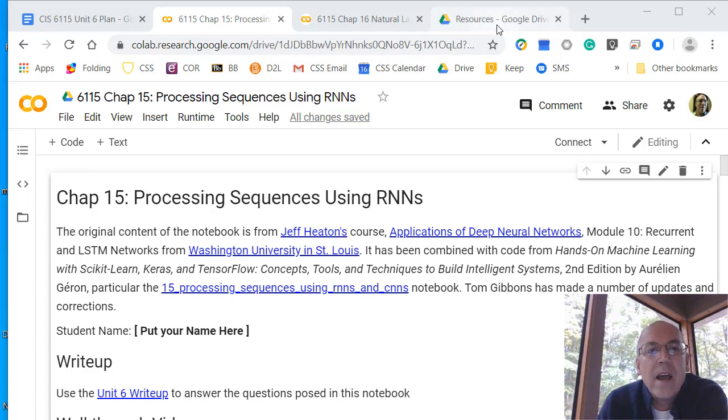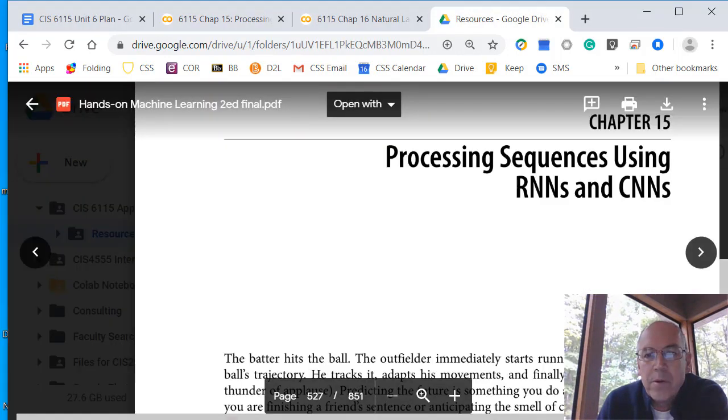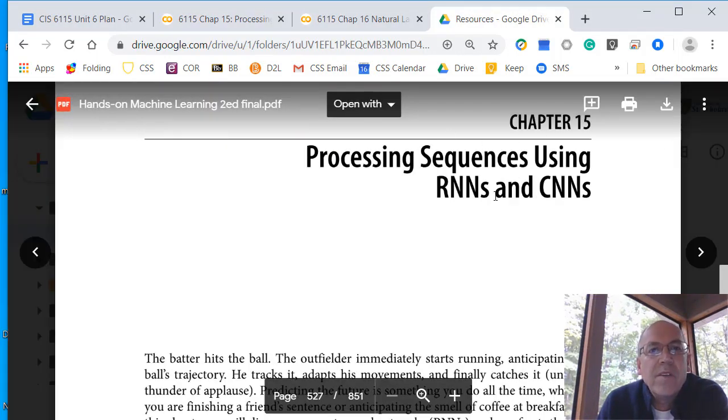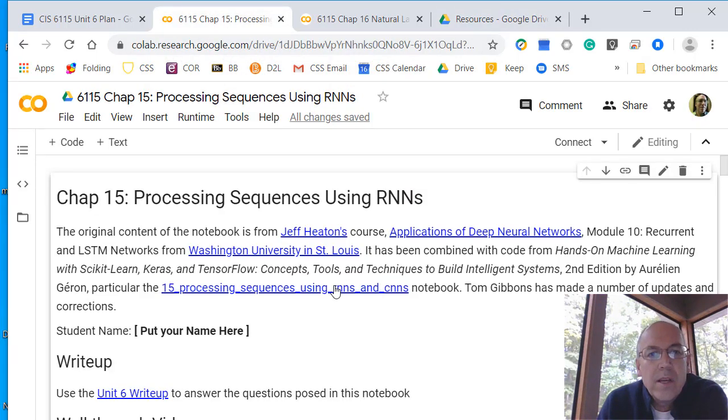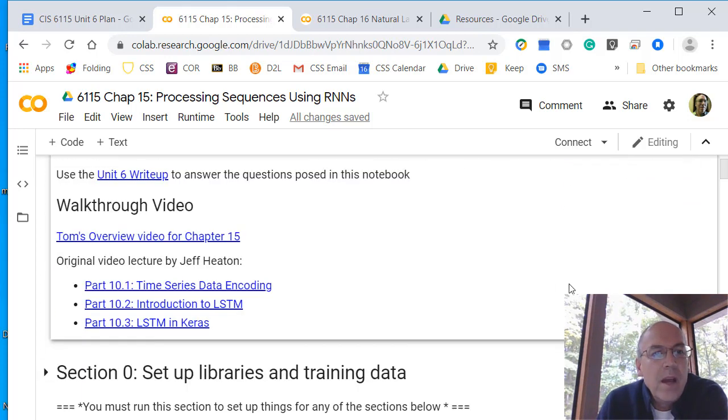We're going to rely much of this on our book, again chapter 15 of the text, but I'm also going to pull in some material from Jeff Heaton's course from Washington University in St. Louis on recurrent neural networks too.